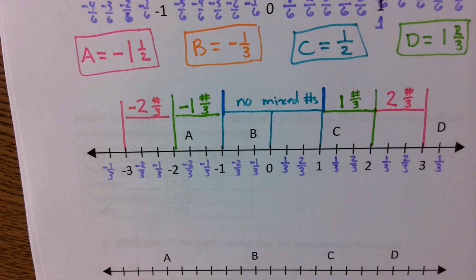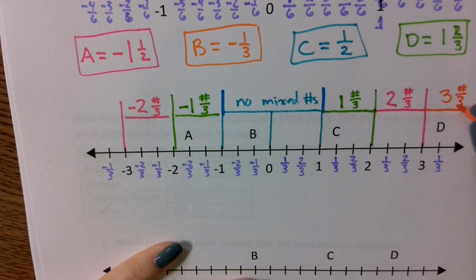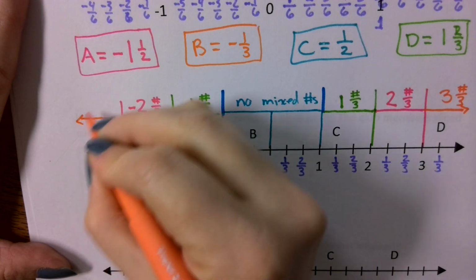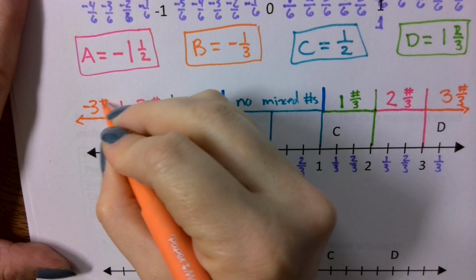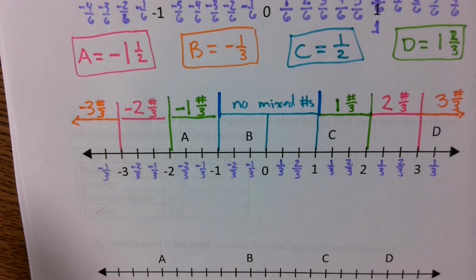Okay, then anything beyond the 3, that's going to have a 3 and a fraction over 3. Or a negative 3 and a fraction over 3. Okay, so we're looking at how we're breaking everything up. Every time we get to a new whole number, we have a new value for our mixed number.